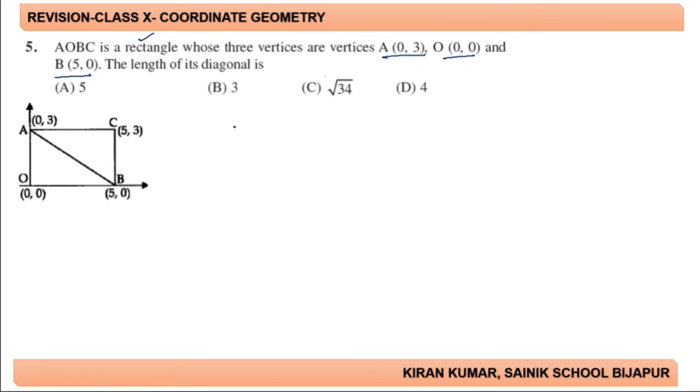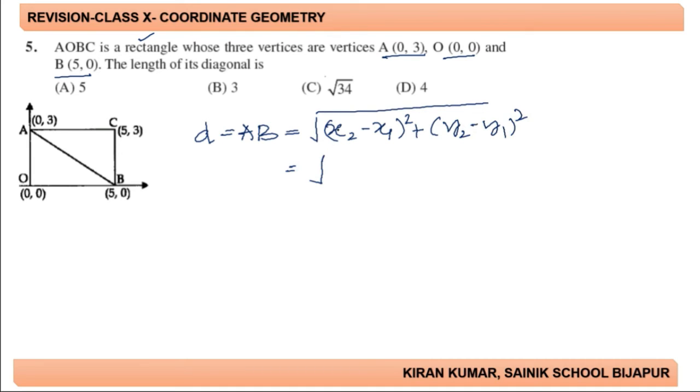Here, the length of the diagonal is AB, and AB can be found as root of (x2 minus x1) whole squared plus (y2 minus y1) whole squared.